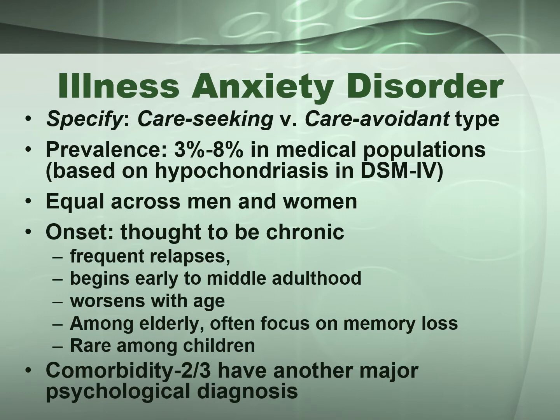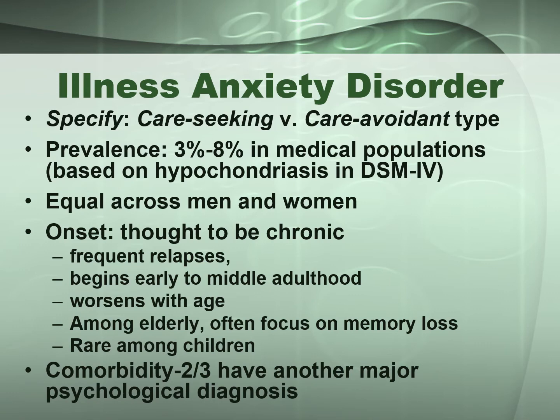This is a new disorder, so we do not have an exact prevalence rate for it. Based on the past experience of hypochondriasis, we anticipate that in a medical population, this could be 3 to 8% of the population, and that it will likely be equal across men and women. And the progression, we anticipate that this will be a chronic condition with many relapses that worsens with age, probably beginning in early to middle adulthood, and then continues to worsen.